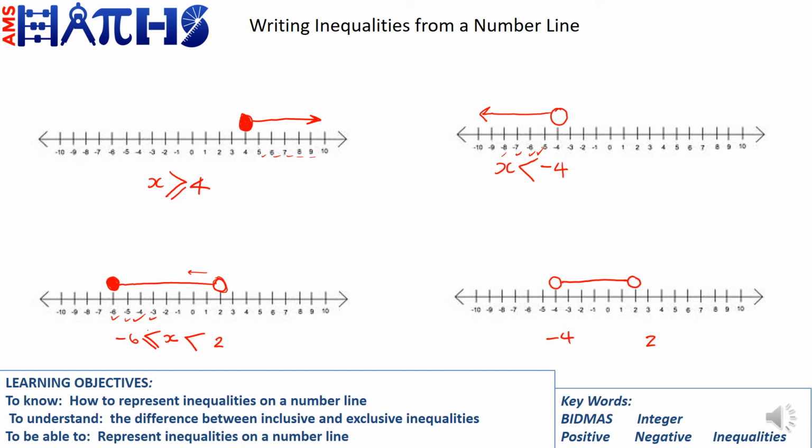So from minus 4 we're going in this direction, we're going bigger than minus 4, so that means x is bigger than minus 4, and it's not shaded, so we cannot put equal to minus 4 there, just the greater than symbol. And from the 2 we're going in this direction, we're going less than 2, so x must be less than 2. It's not shaded in, so we don't need to add anything to that, just the less than symbol.